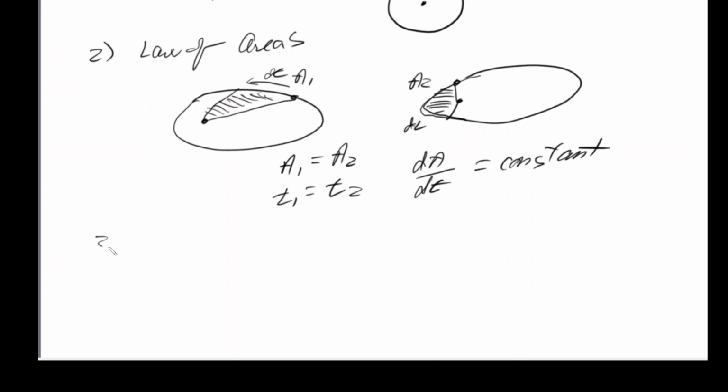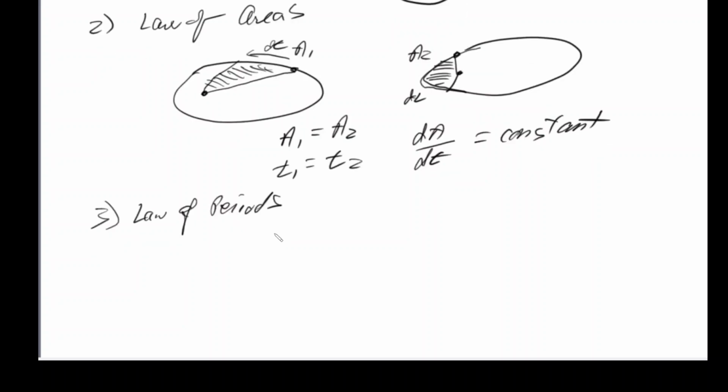And now let's look at Kepler's third law, and that's the law of periods. And this says that the square of the period of any planet is proportional to the cube of its semi-major axis.